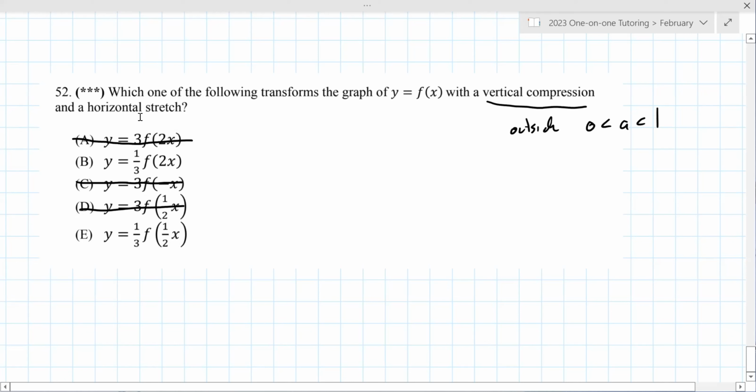I don't want to mess up the wording here because it's so important. Normally you would think of a stretch as being a whole number, because a vertical stretch would be like 2. But because it's horizontal, it's always the opposite, or flip, of what you think it is. Yeah.